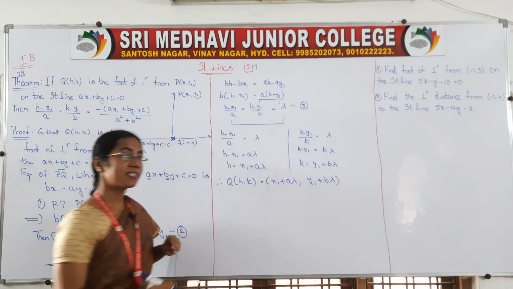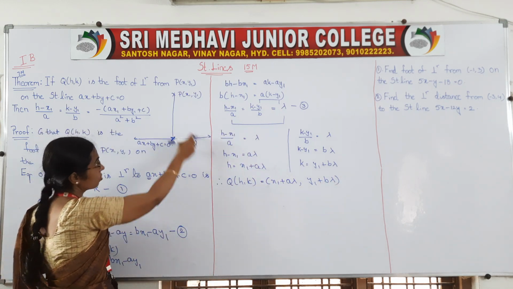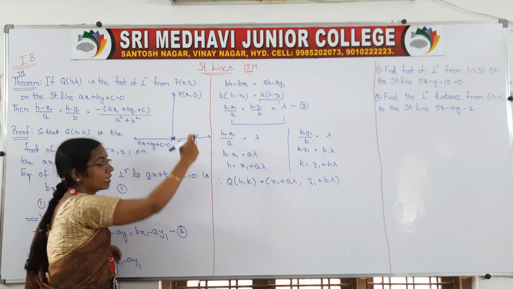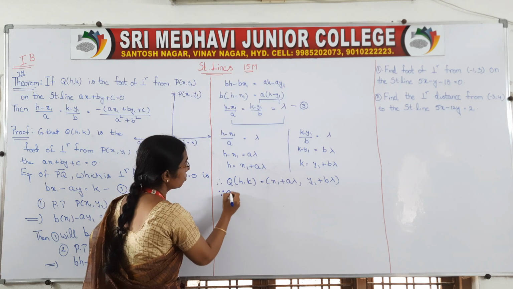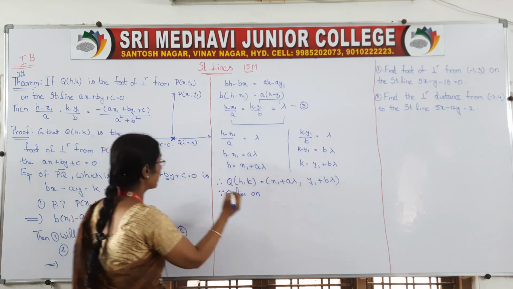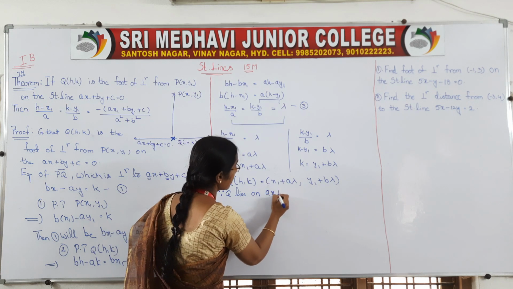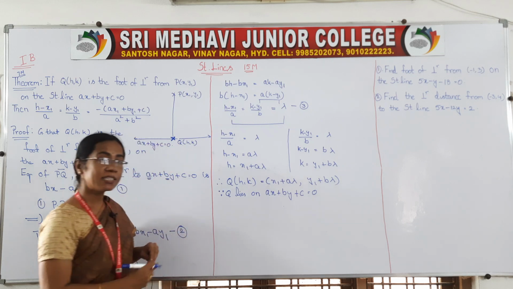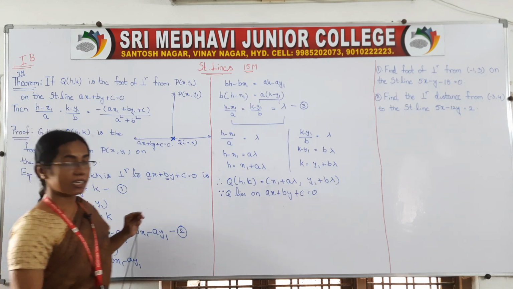But Q lies on another line also. Q lies on PQ as well as on this line. So which line does it lie on? It lies on AX plus BY plus C is equal to 0. Lies means it satisfies that equation.